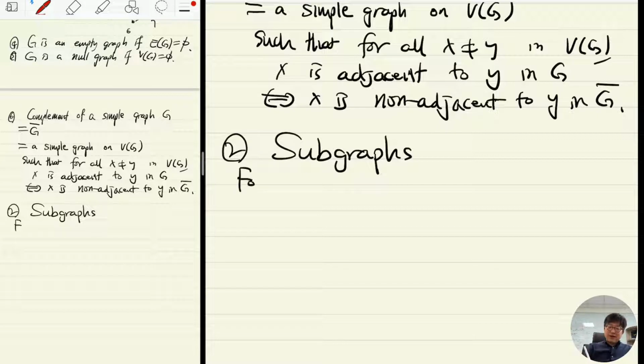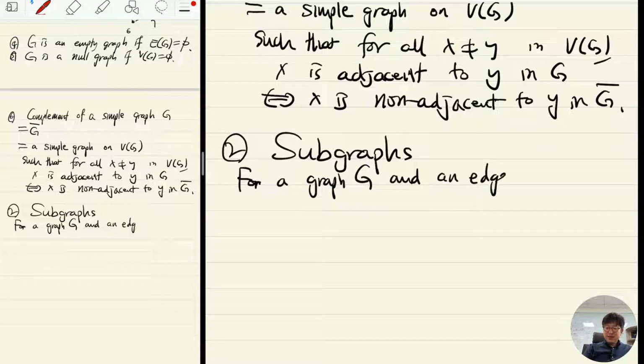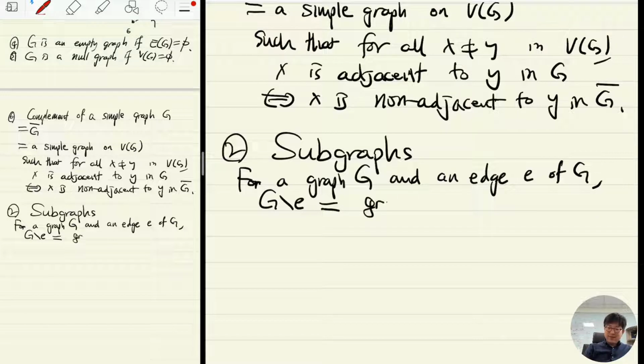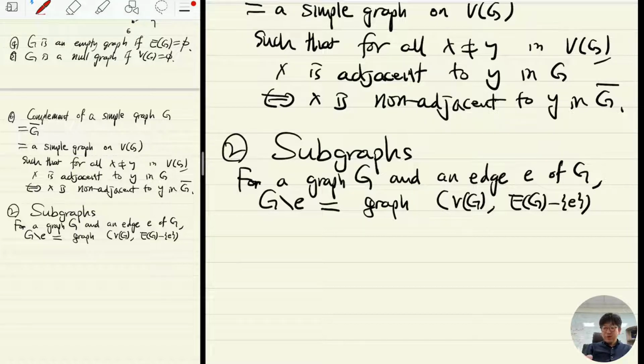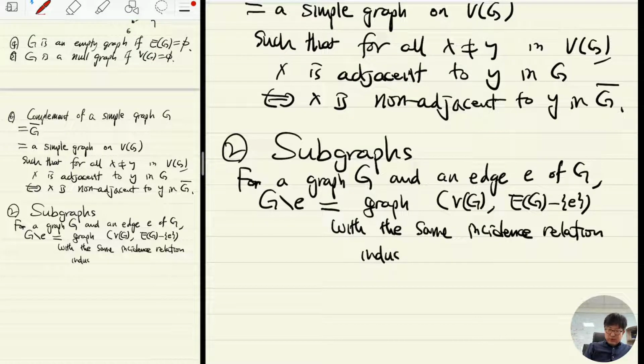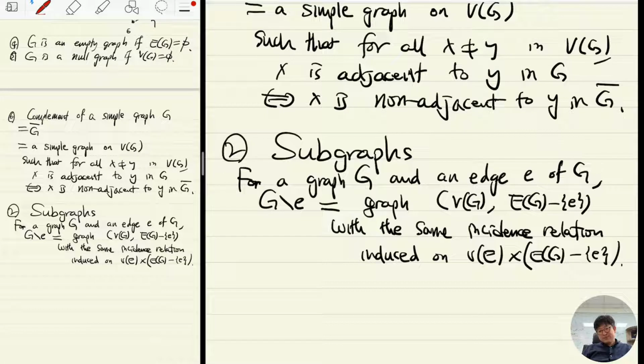So for a graph G and an edge E of G, G delete E is a graph on the same vertex set, but the set of edges is simply obtained by deleting E. And you have the same with the induced relations, V times E(G) minus E. So that's the deletion operations.